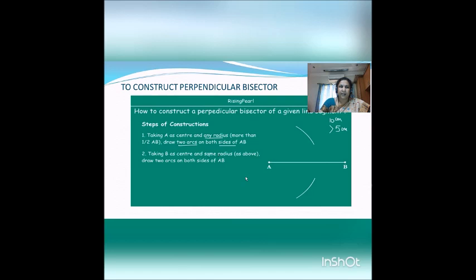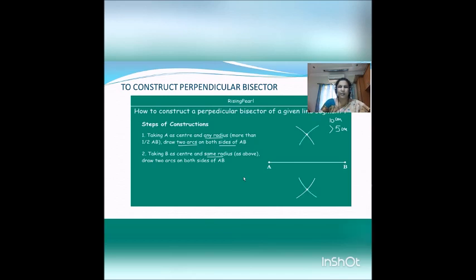Similarly, taking B as a center and the same radius, do not change the distance, draw two arcs on both sides of AB, which will intersect the previous arcs like this.